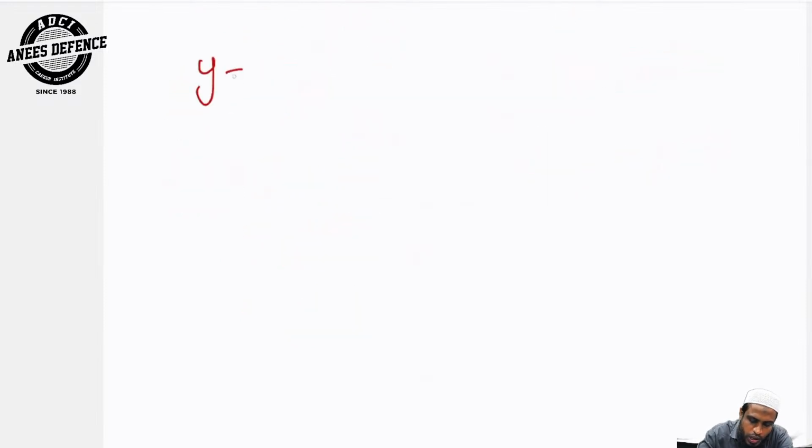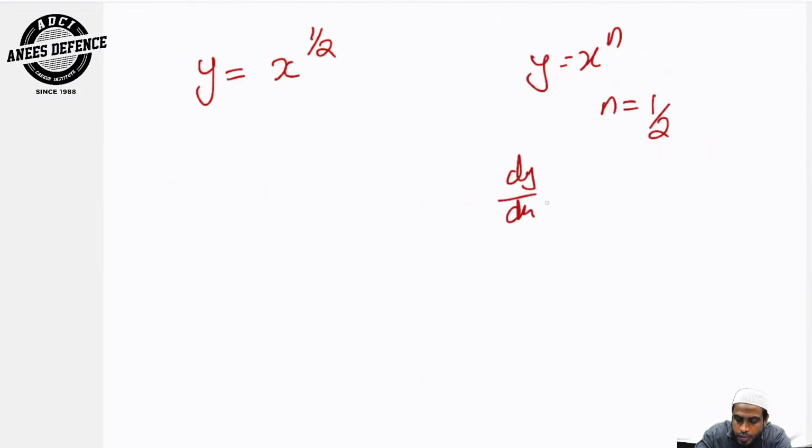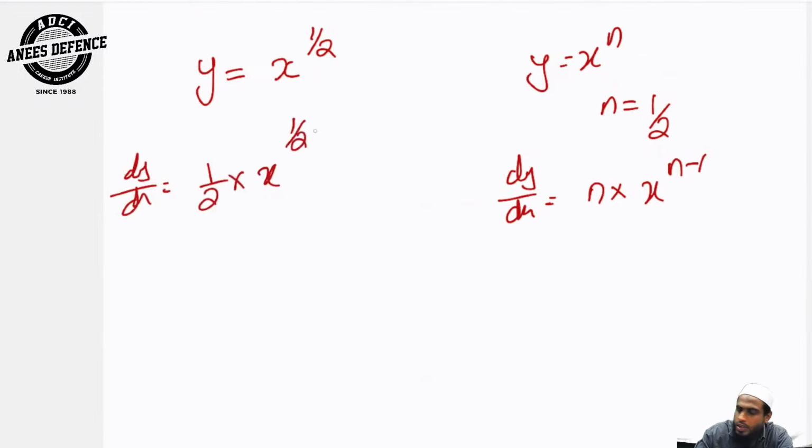Then I will give you one example. Y equal to x raised to 1 by 2. Here what is n? N is 1 by 2. So what is our formula? N into x raised to n minus 1. So here dy by dx will be 1 by 2 into x raised to 1 by 2 minus 1.